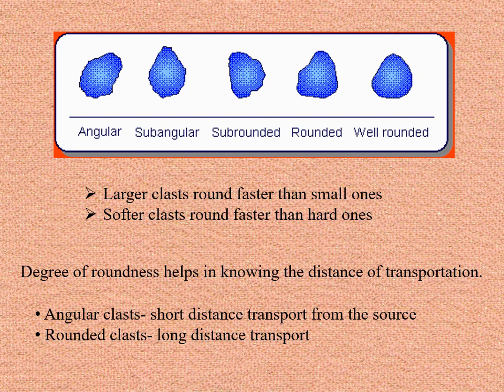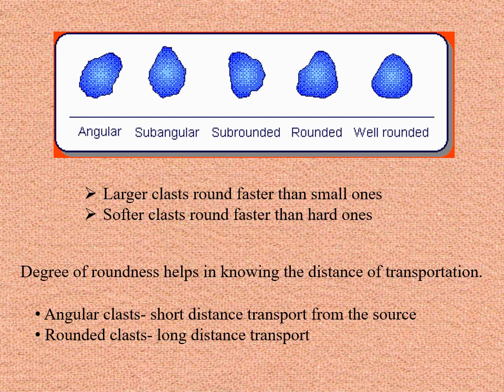But keep in mind, whenever you try to compare these things, whether a grain is angular or rounded, make sure that the composition or the mineral is the same. If you try to compare an angular feldspar with a rounded quartz, then maybe your interpretation is erroneous.